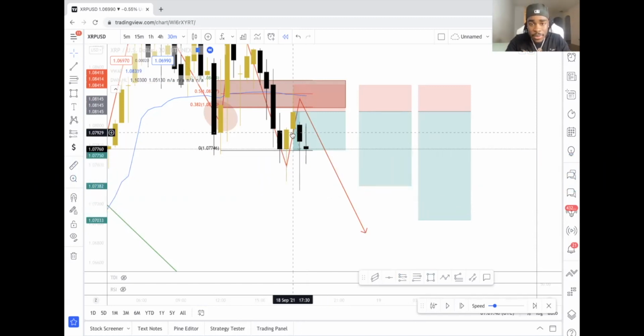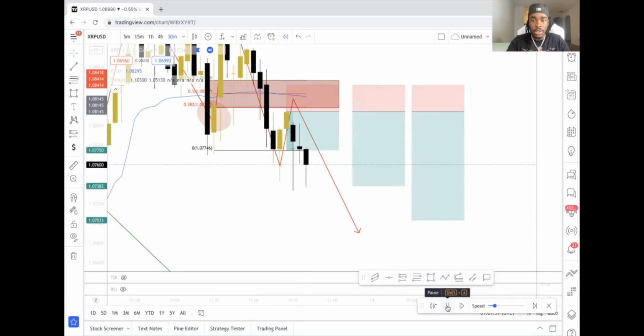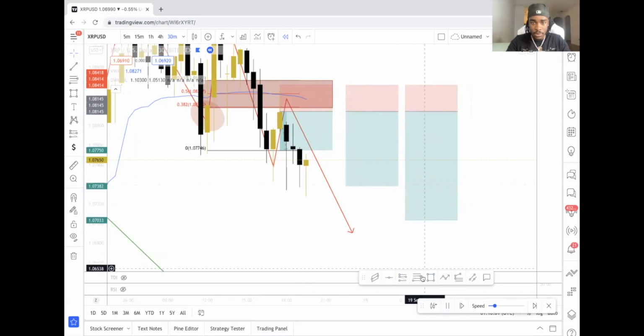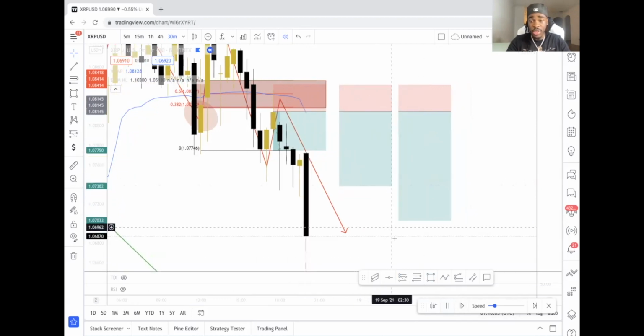So that's why there was a big bearish candle here going crazy. And let's just keep playing it. Look, it's going crazy. Second TP smashed. Third TP smashed. Fibonacci, baby.